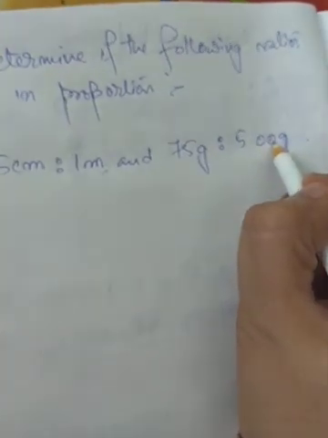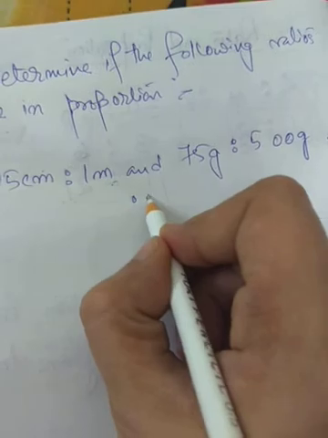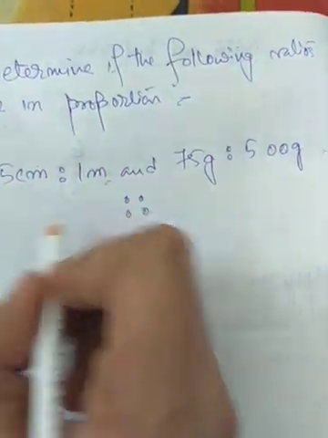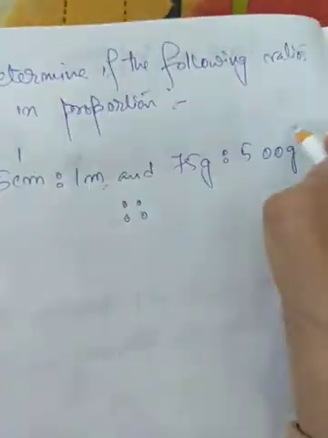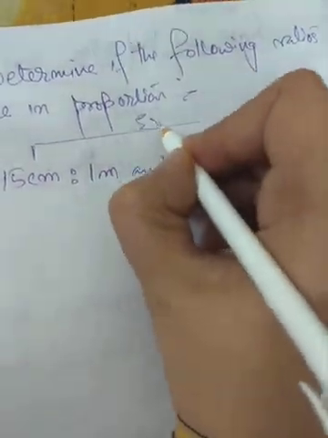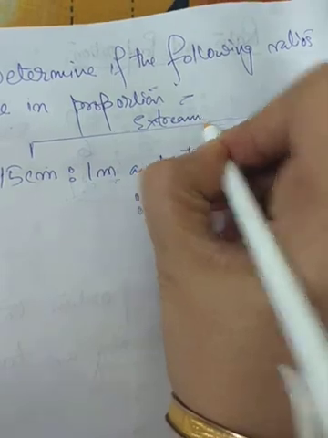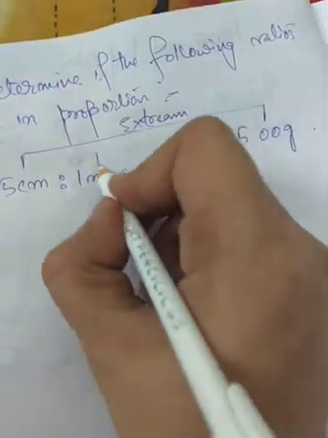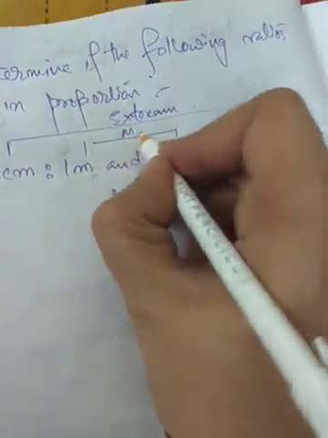But in proportion, these two are called extremes. What are they called? Extremes. And these two are called means.